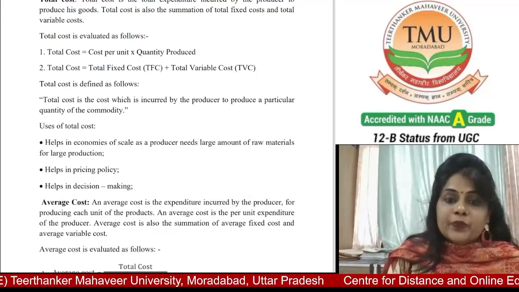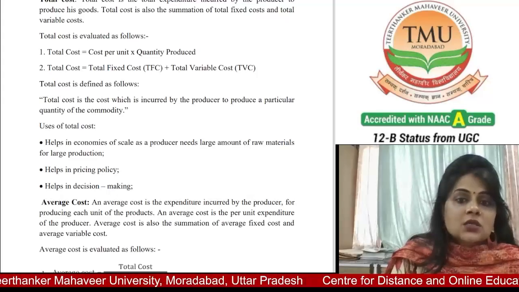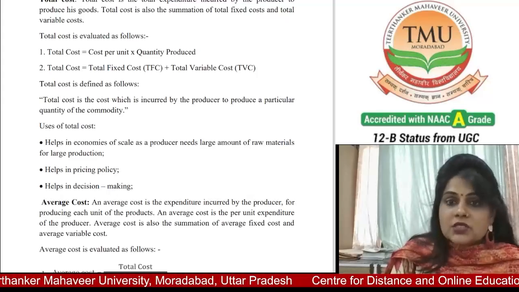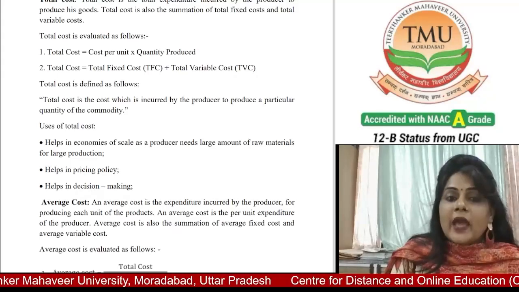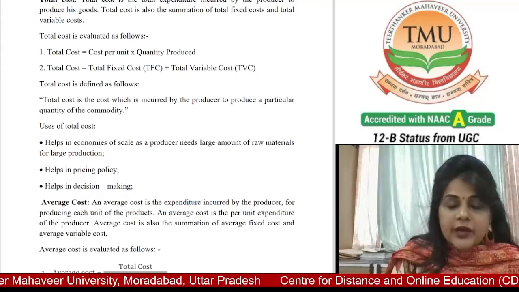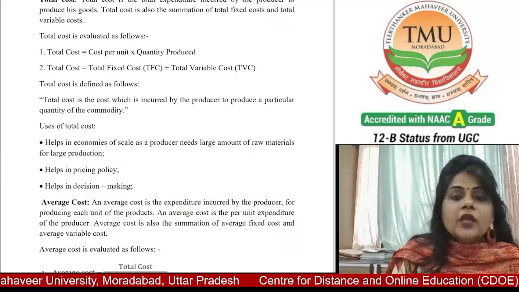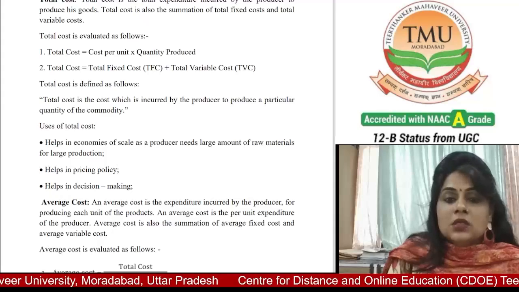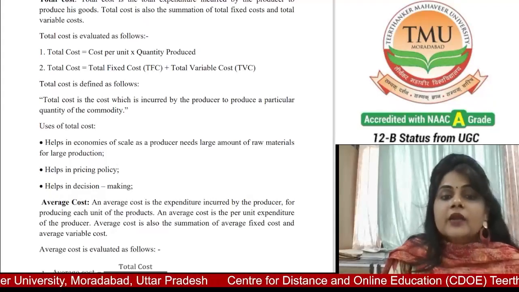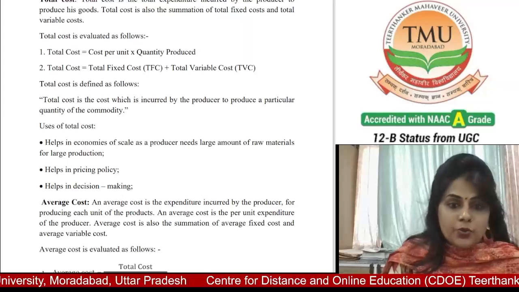It's typically expressed as the combination of fixed cost, which I have also discussed, the cost of building and heavy machinery, rent, interest, which do not change with the quantity of the output produced, and variable cost, the cost of labor and the raw material, which do change with the level of output.